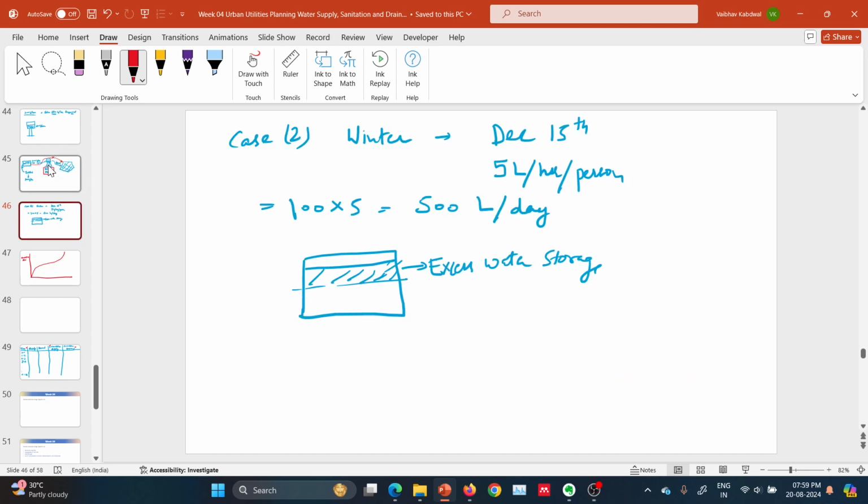Here, what was the case? 500 liter per day, but we were treating 100 liter per hour.